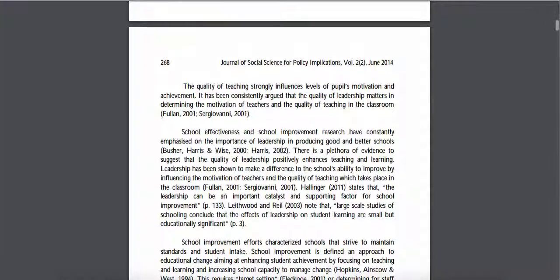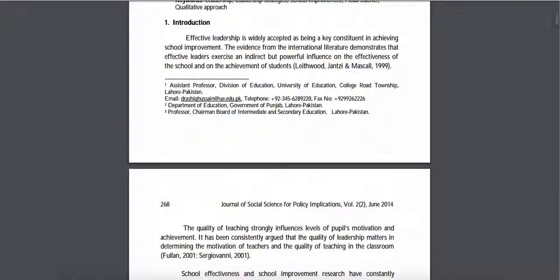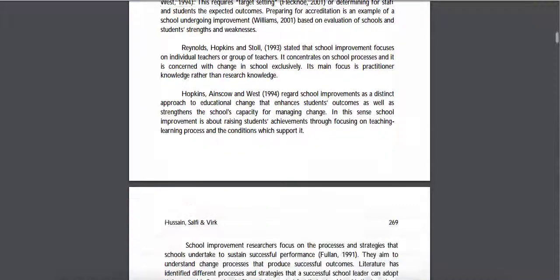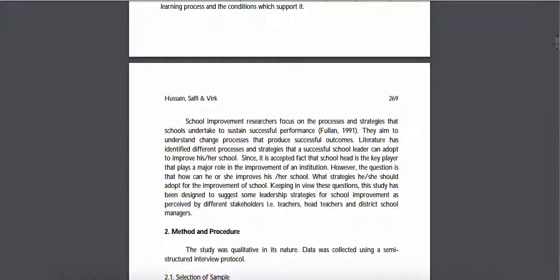But you'll notice that the way in which they've constructed the introduction, it essentially serves as the literature review. So you'll see on the bottom of page 267, continuing throughout page 268, and then on to page 269, the first paragraph there. That's essentially their literature review.